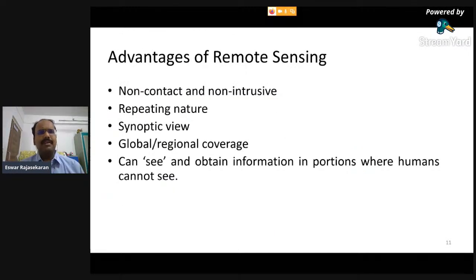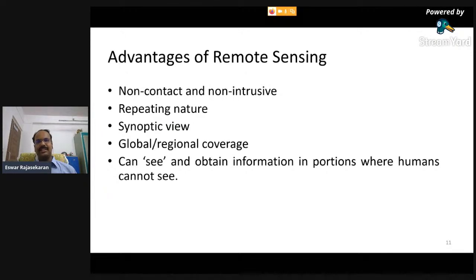Okay, what are the basic advantages of remote sensing? First, it's a non-contact and non-intrusive procedure. As I said, we are not in physical contact with the object of our interest, and hence we are not disturbing it. We are not going and touching it.